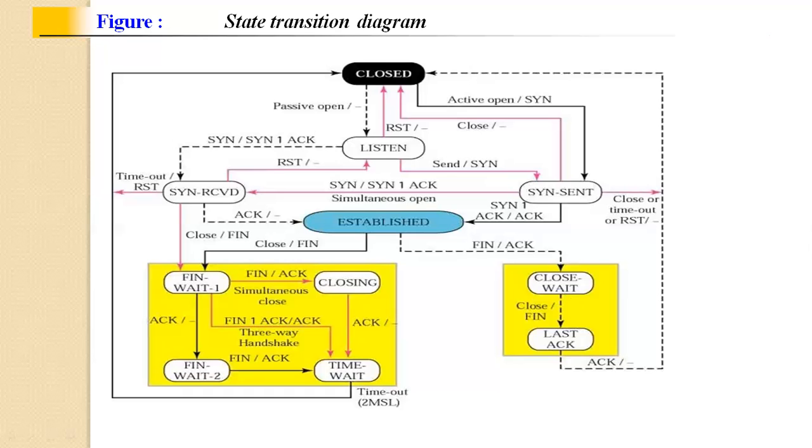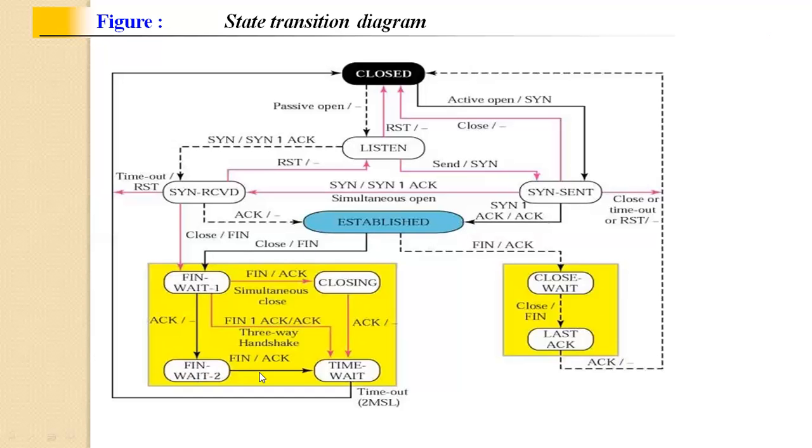So the diagram can best be understood by first following the path of the client. That is the heavy solid line. So this is the path of the client.